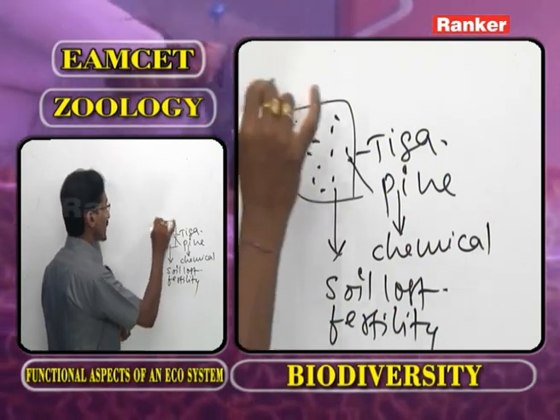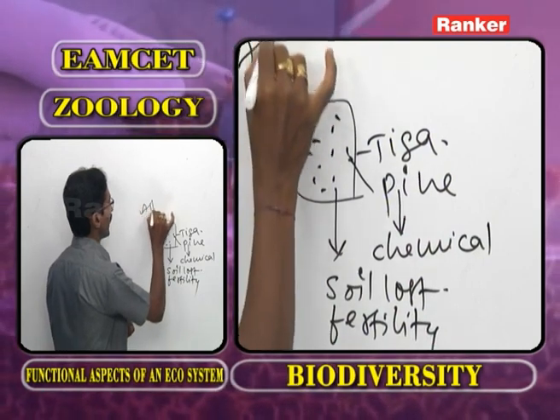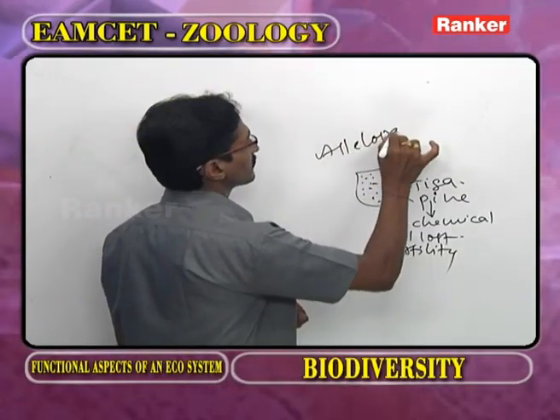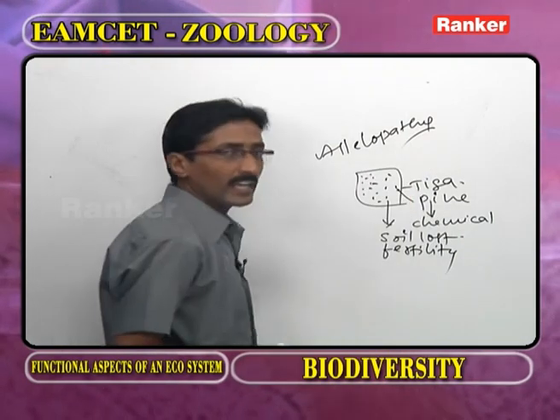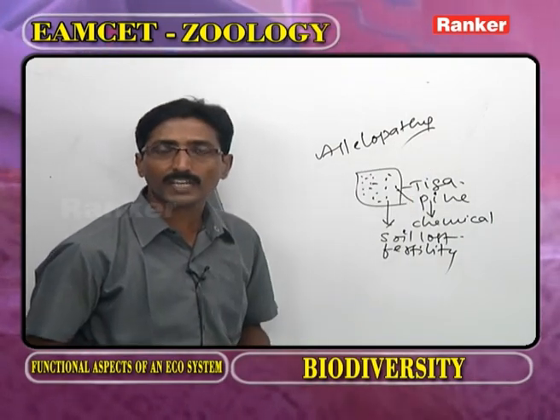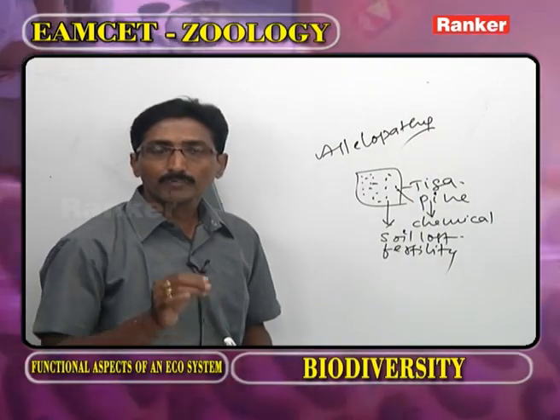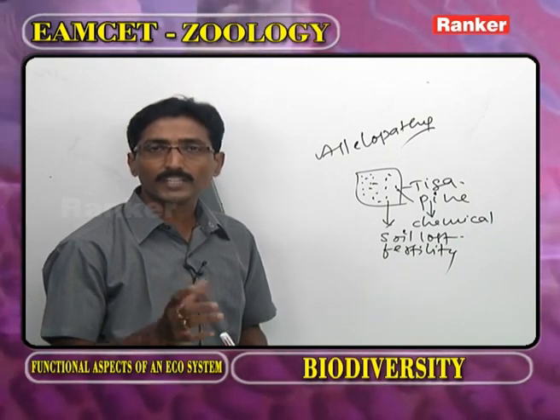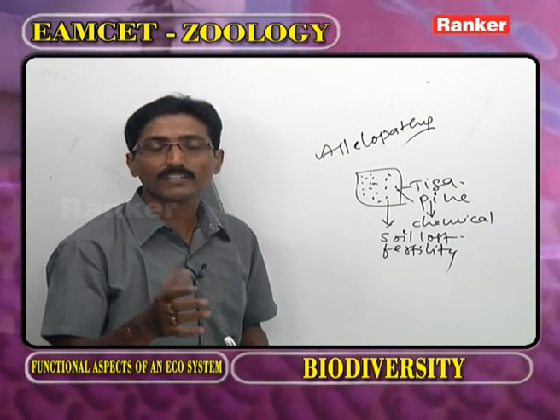That we call it as chemical inhibition. Allelopathy. What is meant by allelopathy? That is chemical inhibition. Because of the pine plants, there is no chance for the growth of second vegetation.